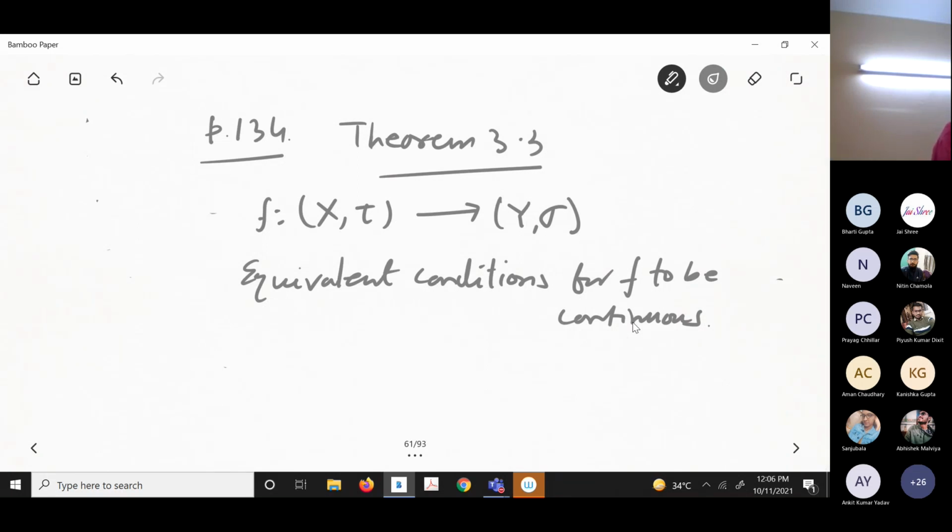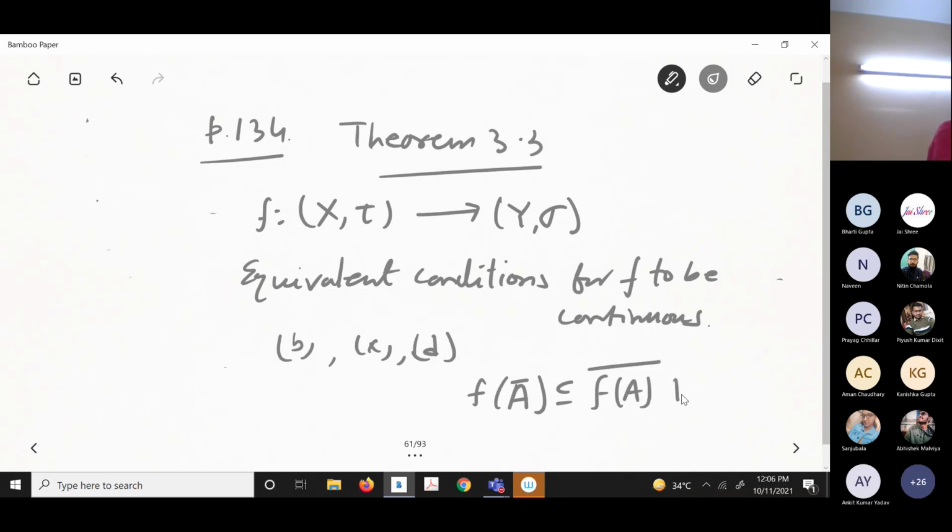I have given 3 equivalent conditions B, C, D. B is inverse image of an open set is open. D is inverse image of closed set is closed. And C is this: f of A bar is contained in f of A bar, for all subsets of X.